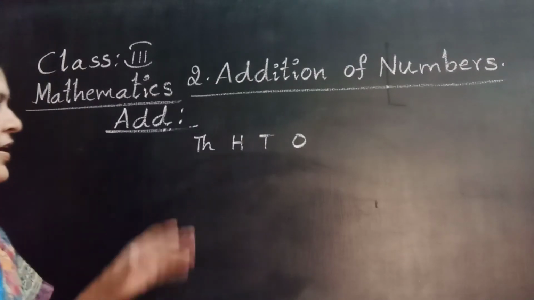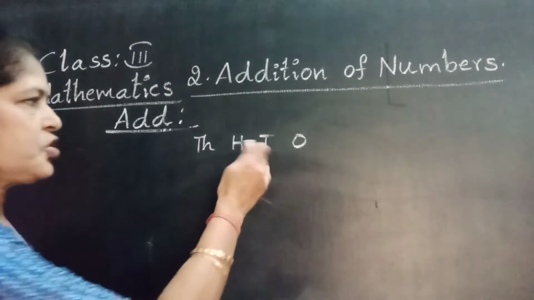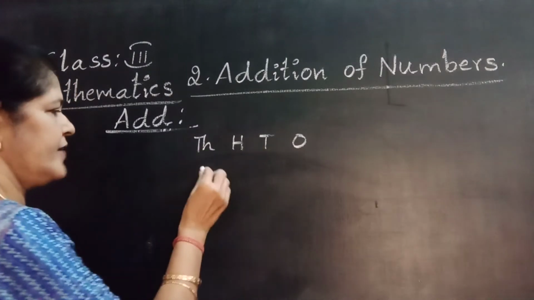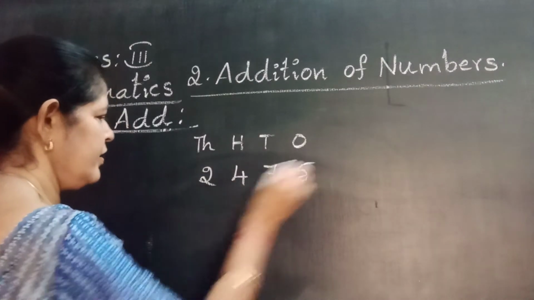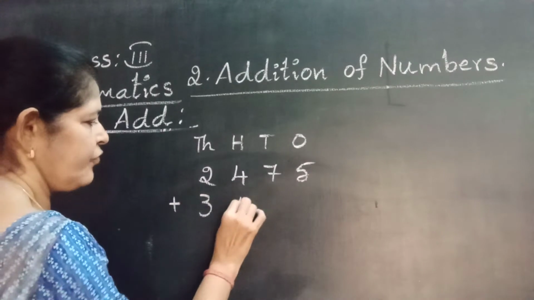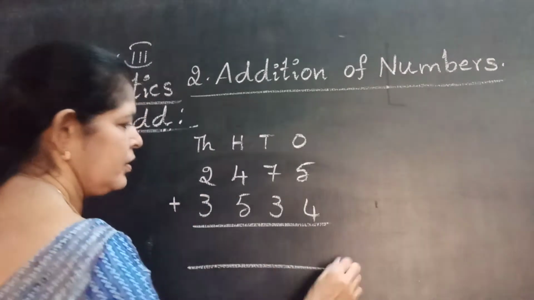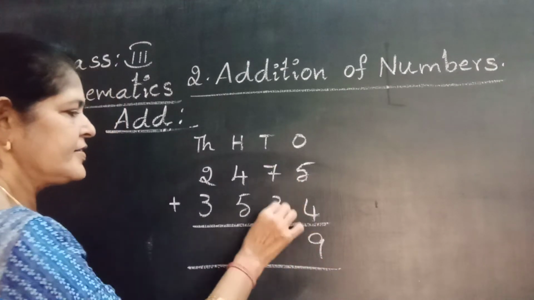Come on children. 4-digit numbers. Yes. Regrouping ones to tens is over. Now ones to tens, tens to hundreds. Yes. Come on, see. 2475 plus 3534. Adding ones. 5 plus 4, 9. Very good. 7 plus 3.